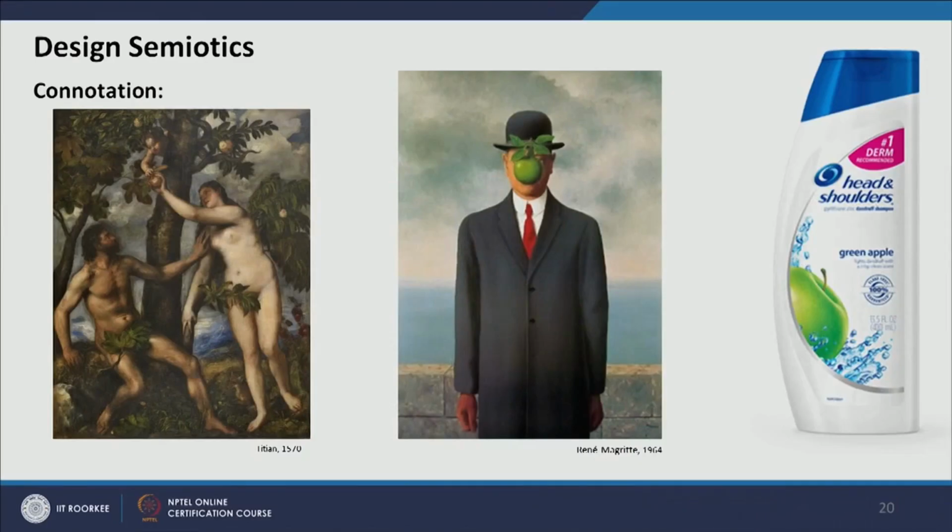For example, if we look at the second painting here, for some people it can be just a person, and they can think about the color combination and other aspects of the painting, and some people can only think about the apples and the juxtaposition of this person's face.